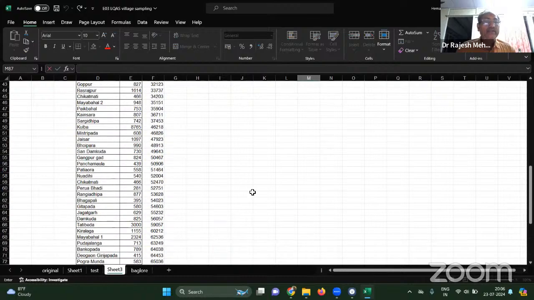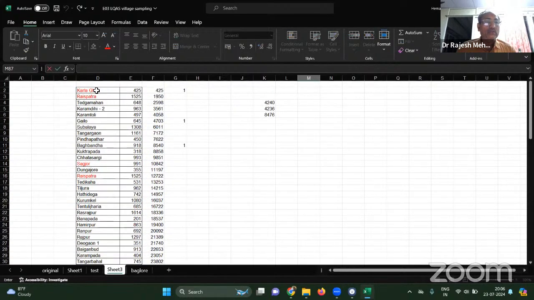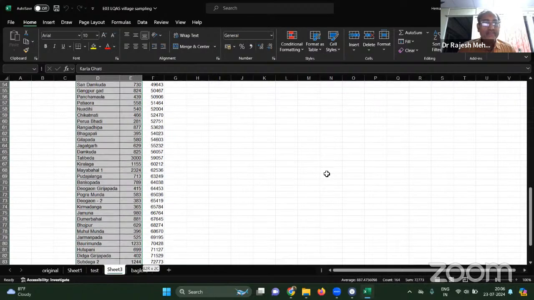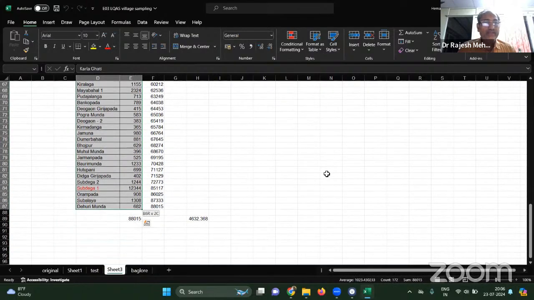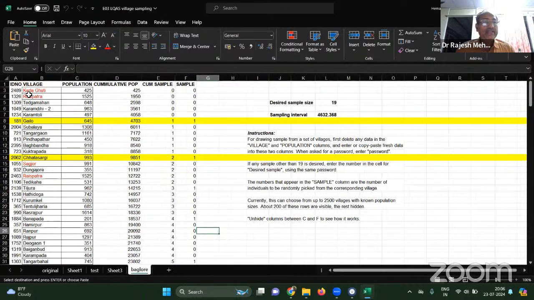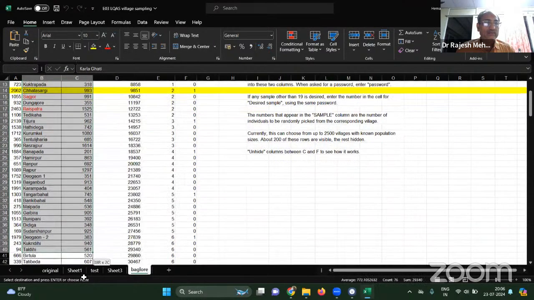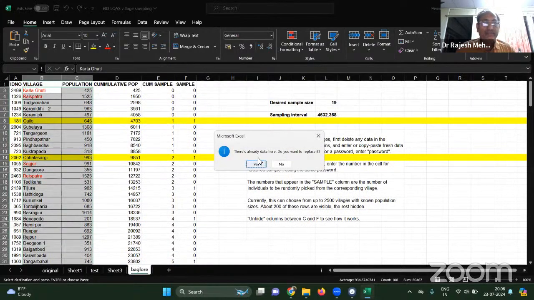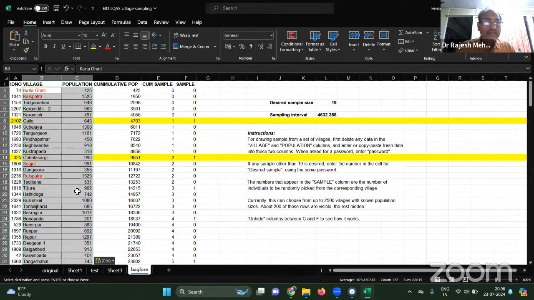Let's say that you have this data with you. This is the data of various wards in Bangalore along with their population. If there is any problem, please let me know. This is what you have, the wards of Bangalore, and then you put it into the original file, replacing the existing data.